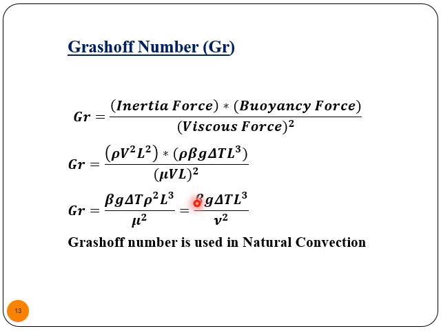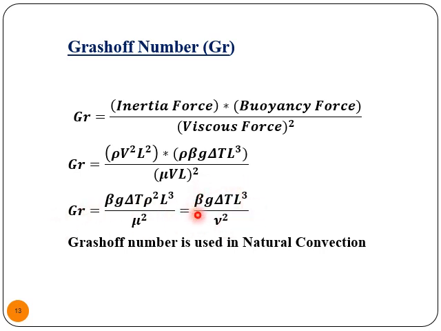So this term is related to buoyancy force. g is the acceleration due to gravity, delta T is the temperature difference between the surface and the fluid, L is the characteristic length, and nu is the kinematic viscosity. So g beta delta T L cube by nu square, this gives you Grashoff's number.